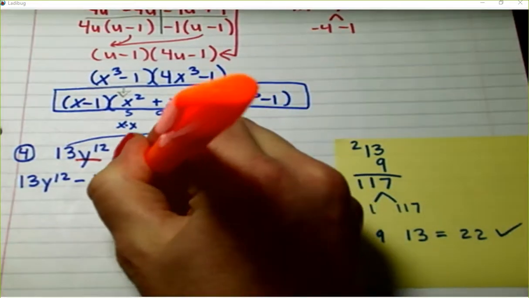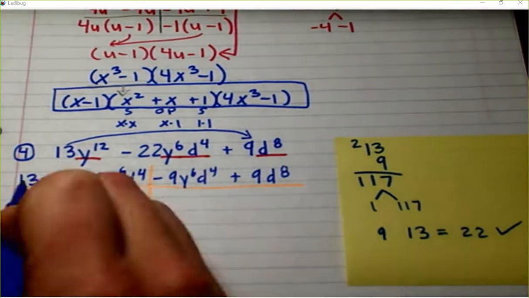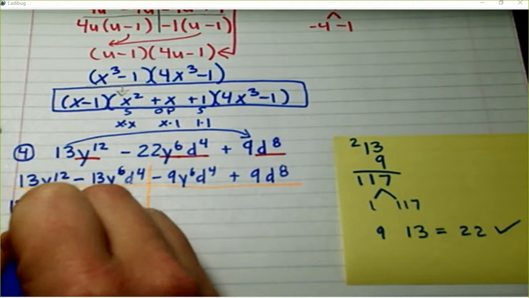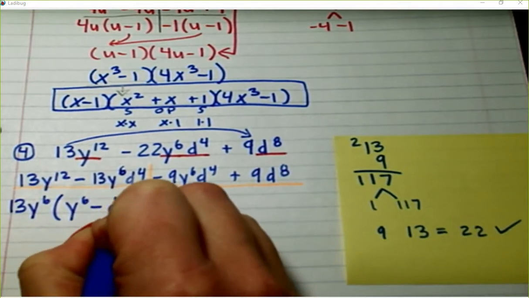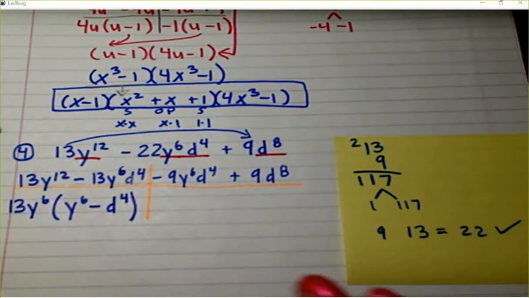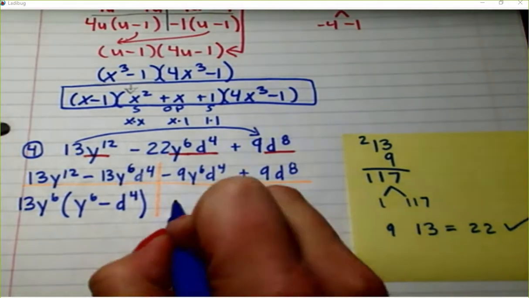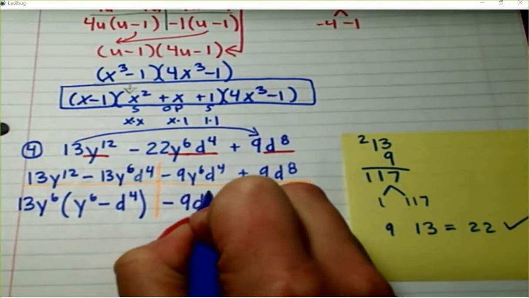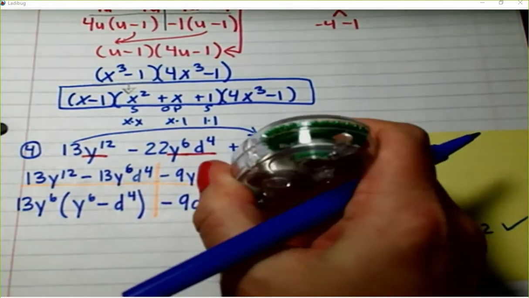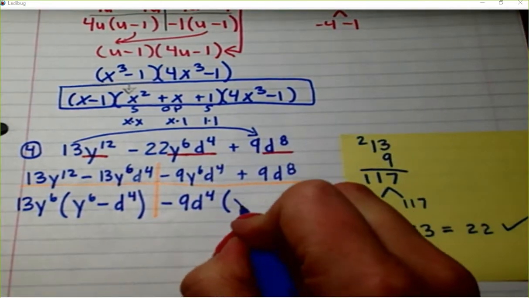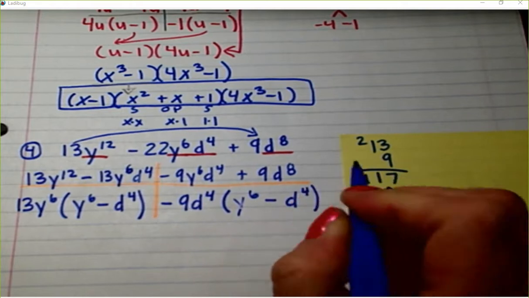All right. Let's group it and see what happens. 13y6, okay, right, just GCF.